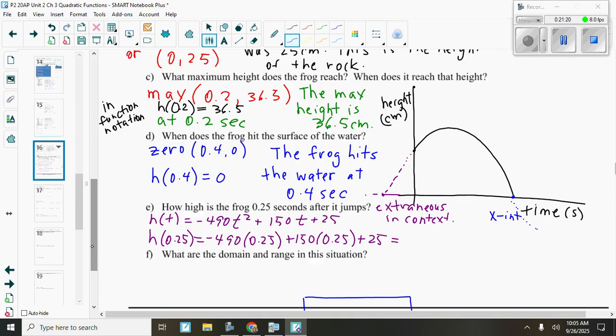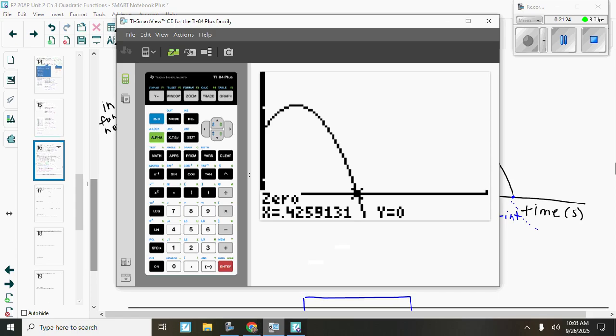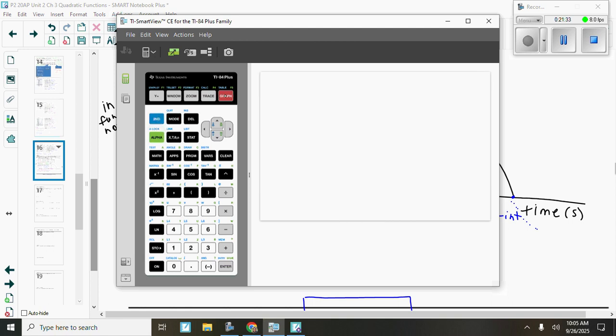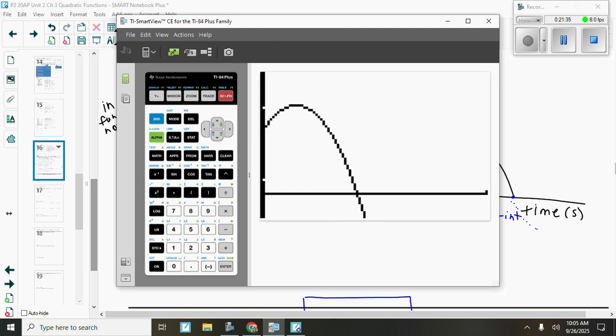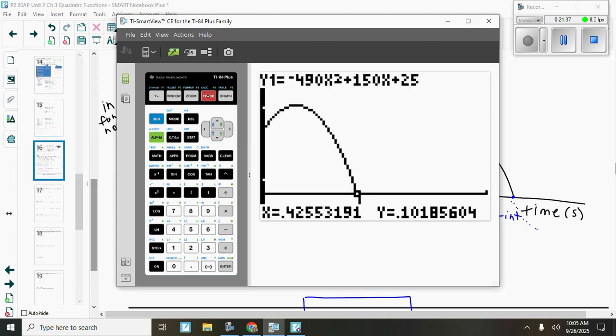Now, we already have everything in our graphing calculator, so we could head over to the graphing calculator. We're still on our graph. There we go. You could do trace, and you could say 0.25, and it would give you the value of when time is equal to 0.25.